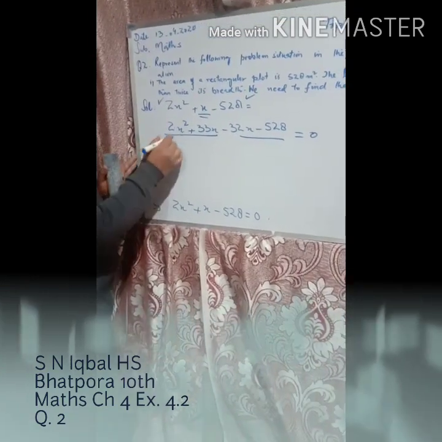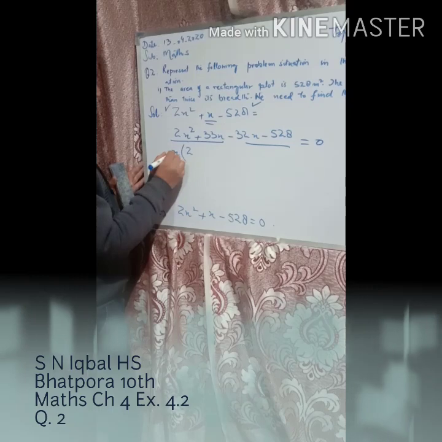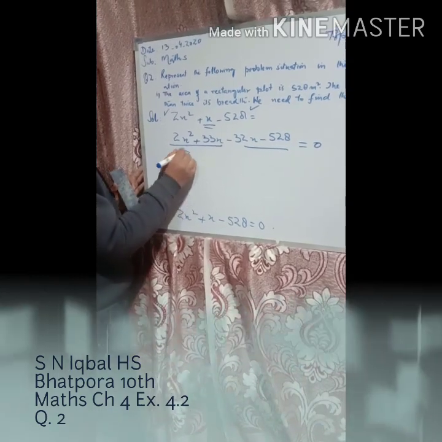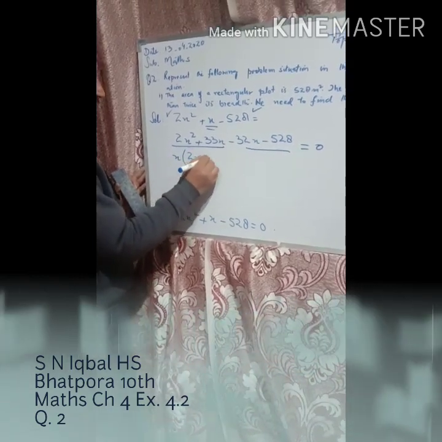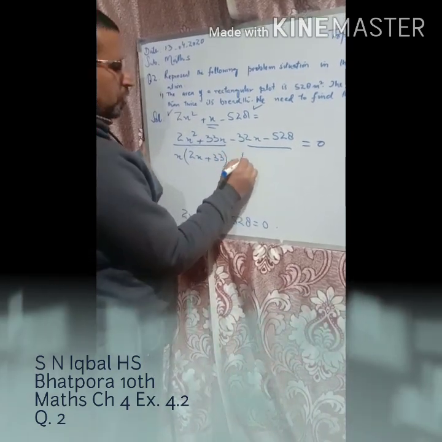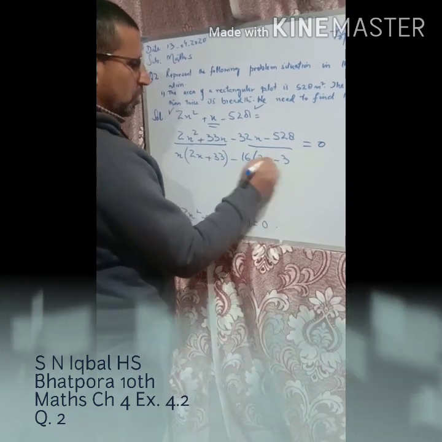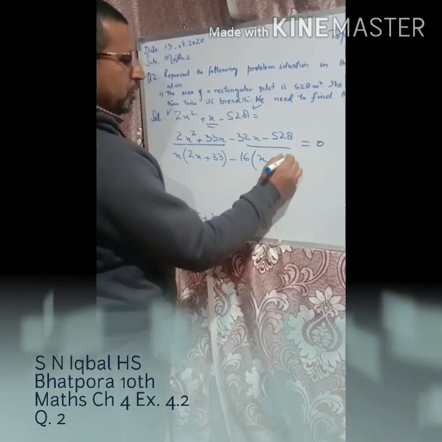In the first two terms we see x is common, so we will take x as common, there will remain 2x plus 33. Minus, we will take 16 as common, and there remains 2x plus 33.